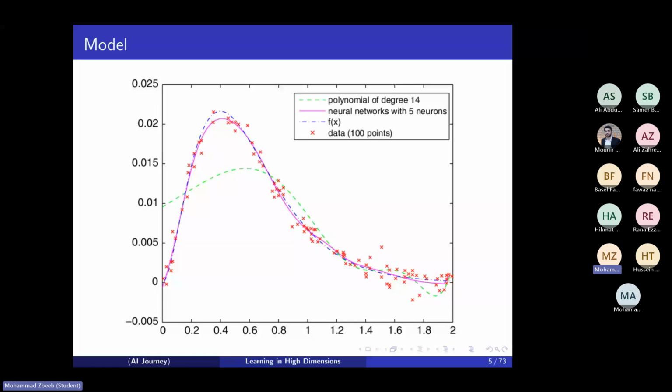Clearly, you can see that a neural network with 5 neurons will fit my data better than a polynomial of degree 14. And this shows you the capacity of models. We're going to say that the neural network with 5 neurons has more capacity to fit the data than the polynomial of degree 14. Okay, anything not clear so far?